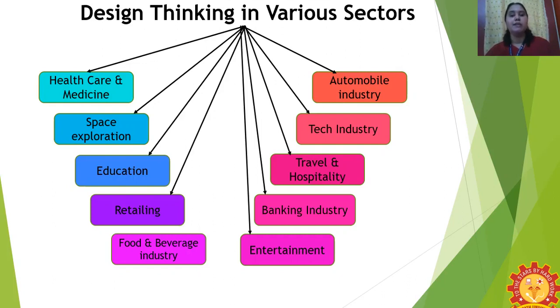They turned to design thinking to reshape the user experience. They customized programs based on users' needs and behaviors, and that was how the company was able to revolutionize the audience experience and come up with more customer-inspired solutions. This is one example from the entertainment industry.